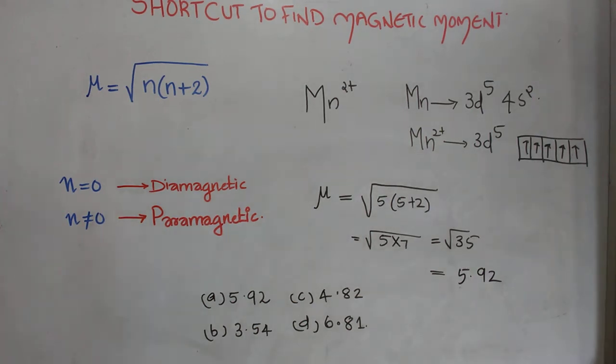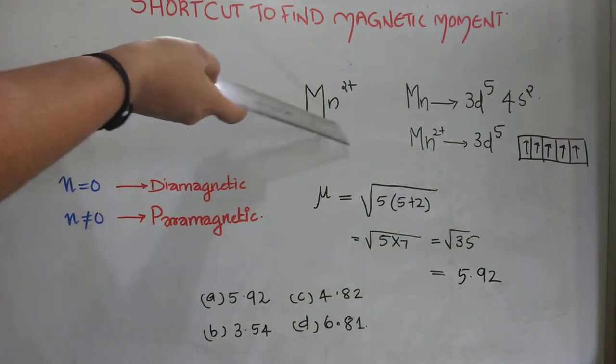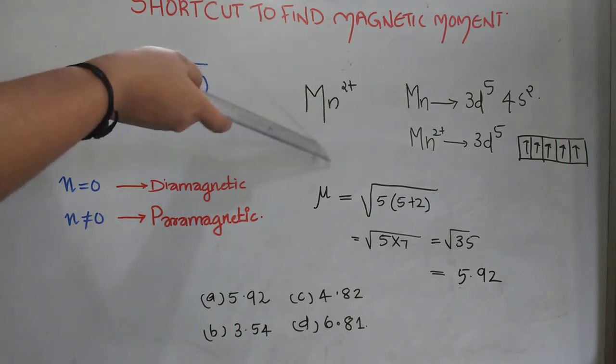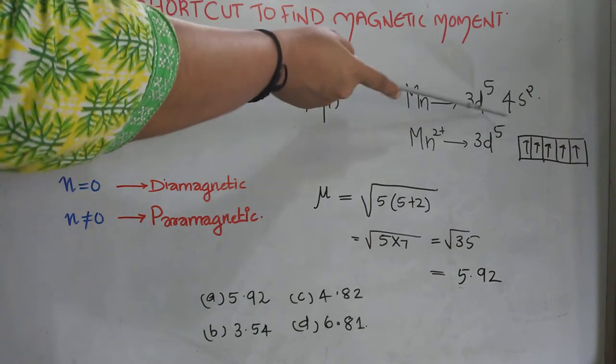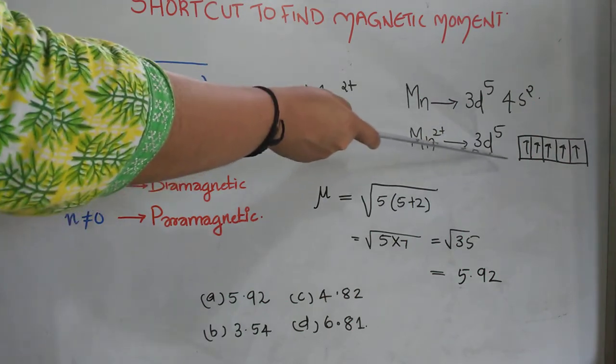Now, let us look at this question. Suppose we are asked a question to find the magnetic moment of Mn2+, that is manganese 2 plus ion. What is the electronic configuration of manganese? It is 3d5 4s2. Mn2 plus therefore will be 3d5.